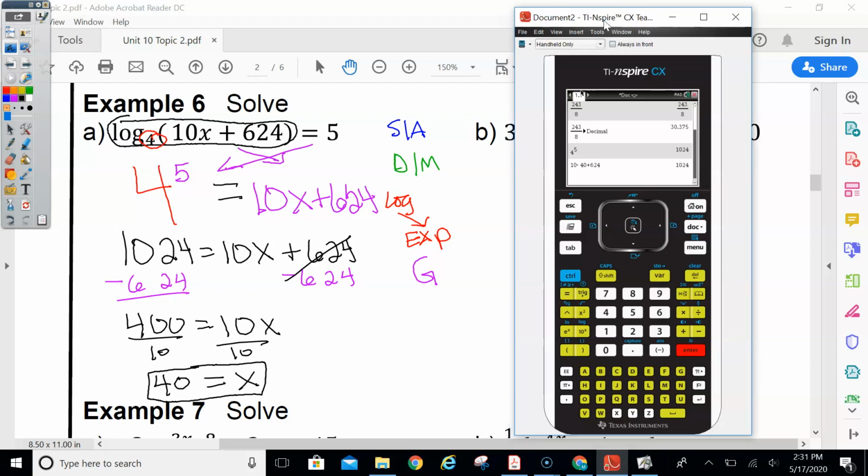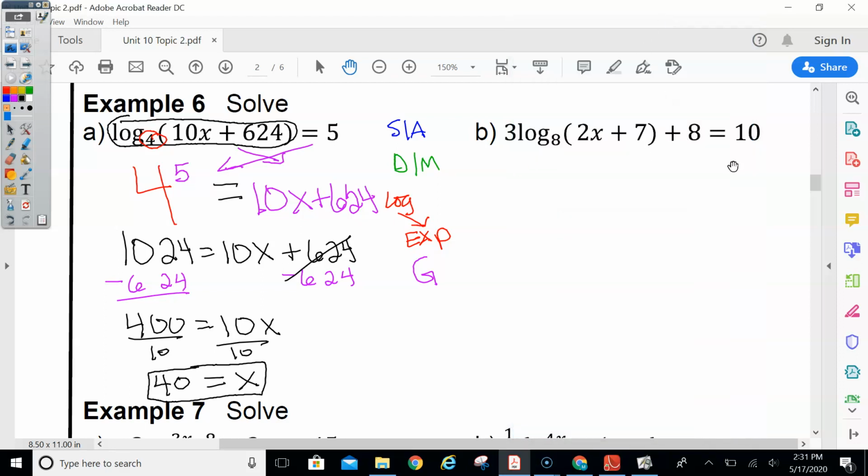Okay, so now on the other side, this one has multi-steps. So again, locate the log and the argument. The log is the log part and the argument is the parentheses. If there's no parentheses, then it's the number after the x. So we'll see some of those in a second. Okay, so first we need to subtract or add. So we're going to subtract 8 and get 3.